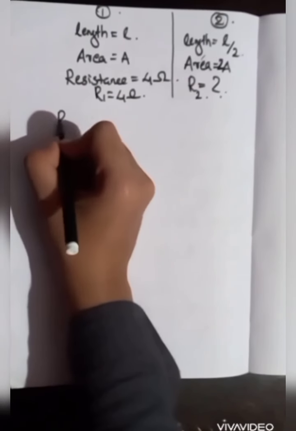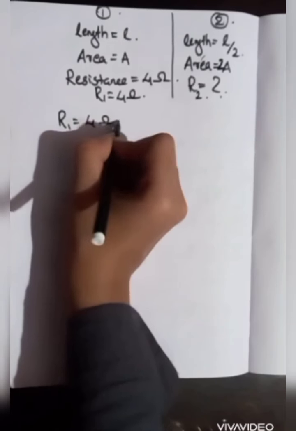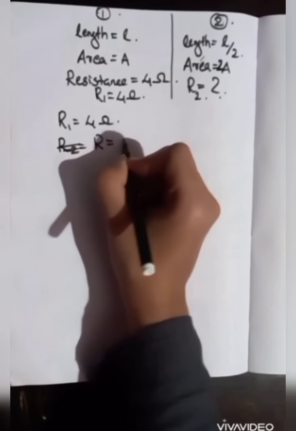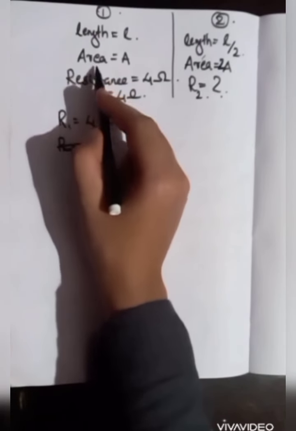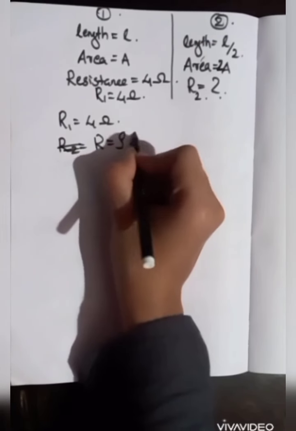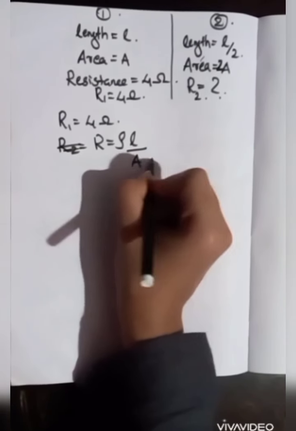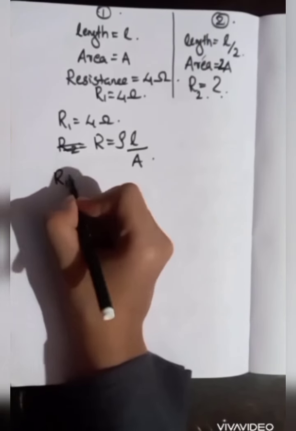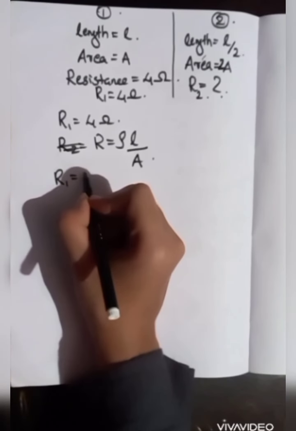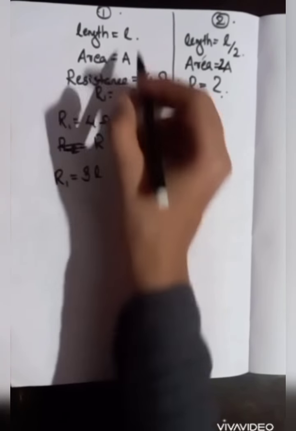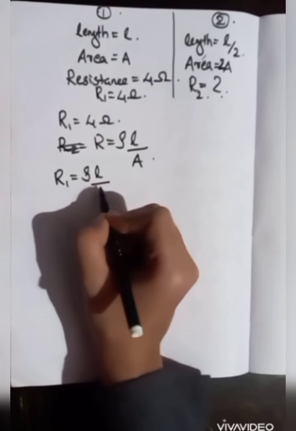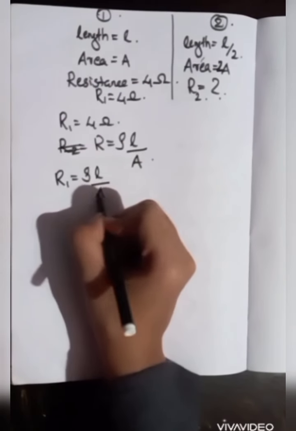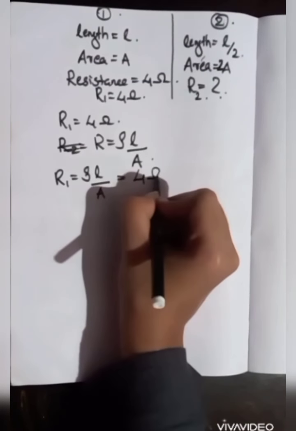We know the equation for resistance connecting length and area is rho into L by A. So R1 is equal to rho into L by A, which is 4 ohm.